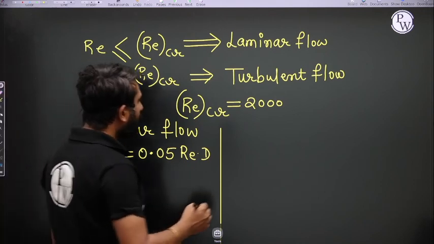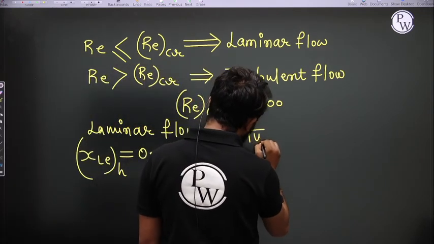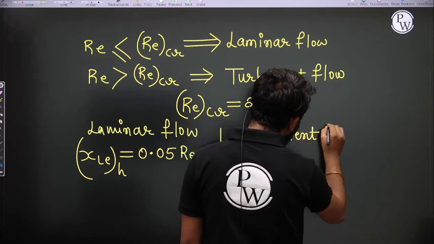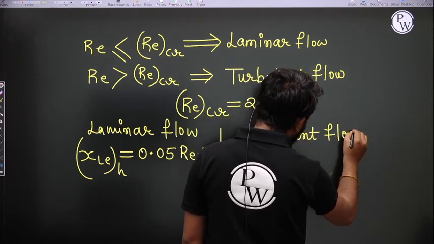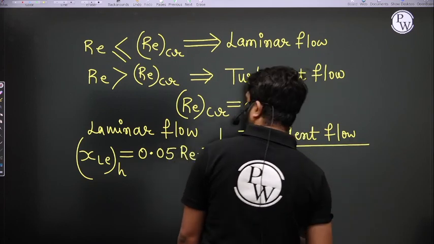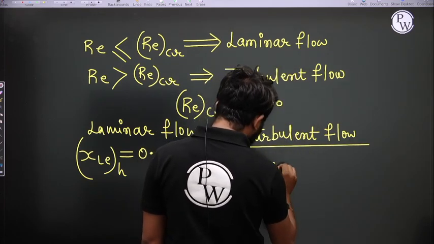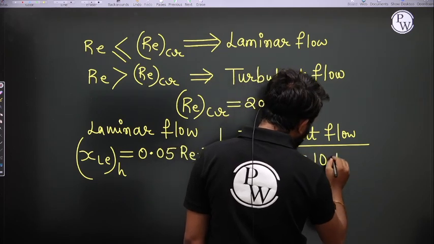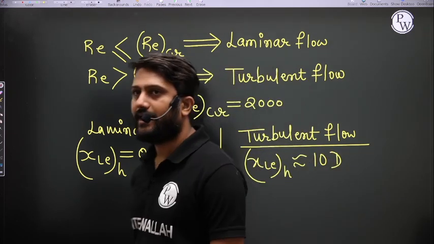And in case of turbulent flow, this hydrodynamic entrance length is approximately equal to 10 times the diameter, right?